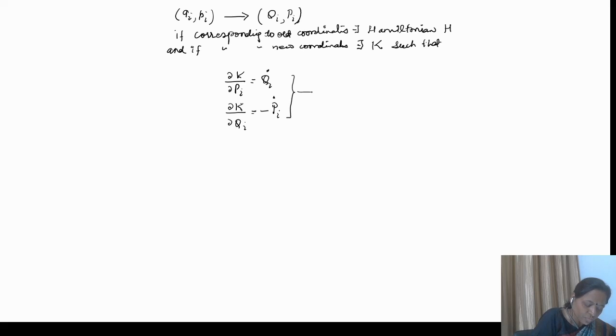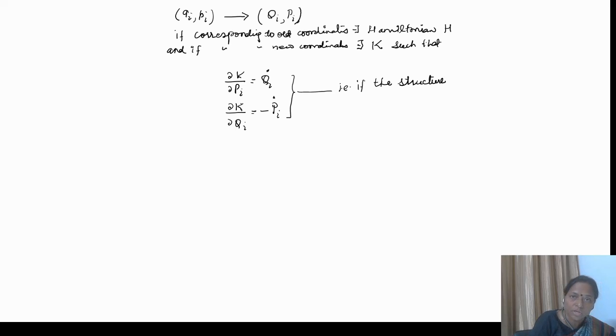If this is true, then you say that your transformation is canonical. This is not the condition because we do not know what our K is.